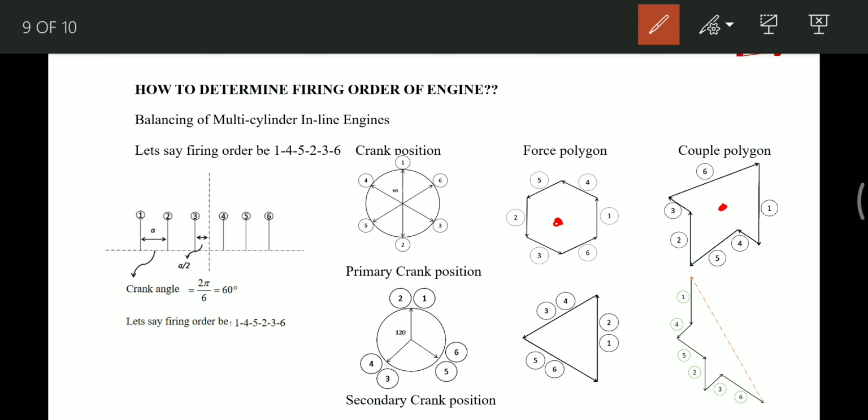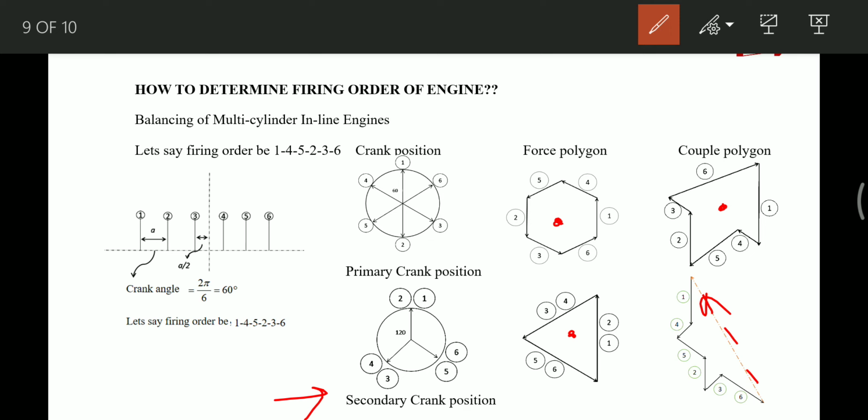So this also shows that the couples acting for the primary crank positions are balanced. Now if we see the secondary crank position, again the force polygon is balanced, as you can see it is a closed polygon, but when we come to the couple polygon for the secondary crank positions, we see a resultant acting in this direction. That means the couple polygon is not closed, meaning it's not balanced.